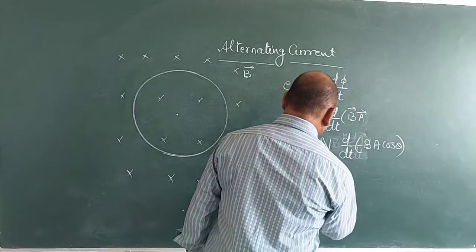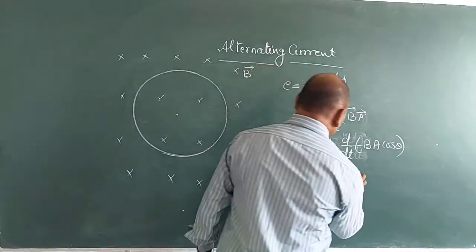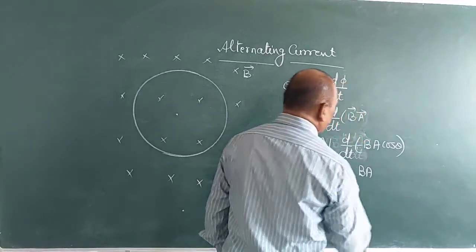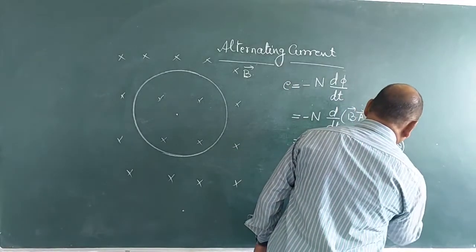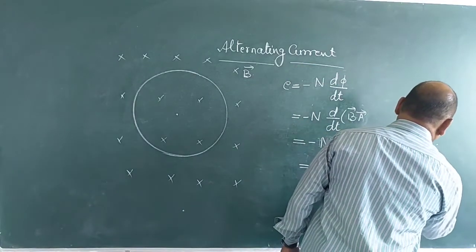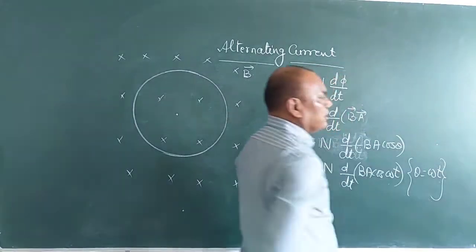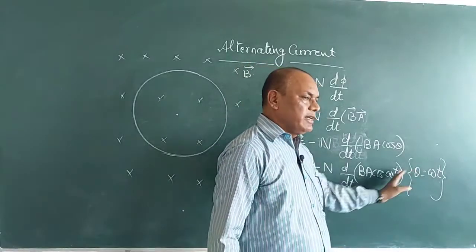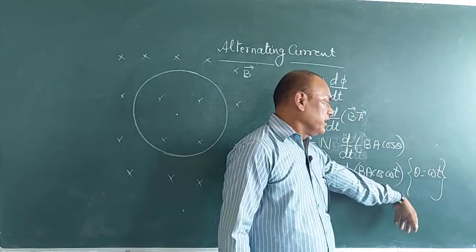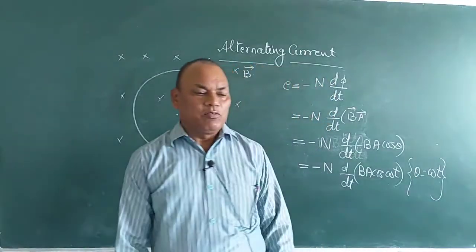Now this becomes minus N d by dt of BA cos omega t, where theta is equal to omega t. This theta is known here as angular displacement, omega is angular velocity, and t is any particular time.